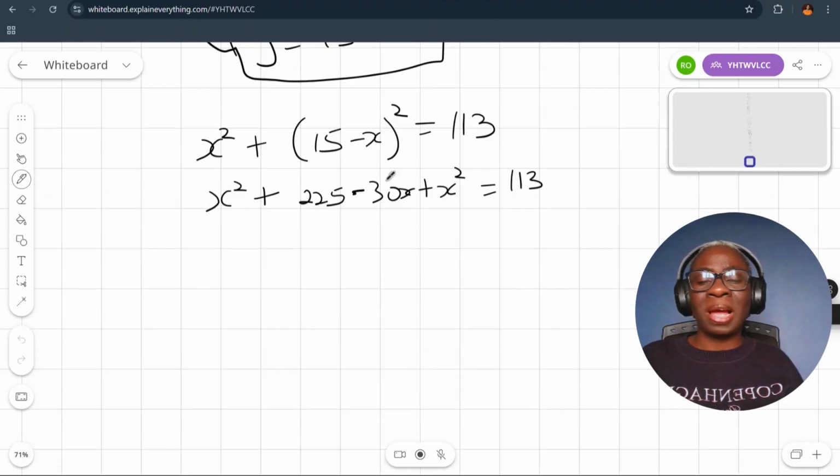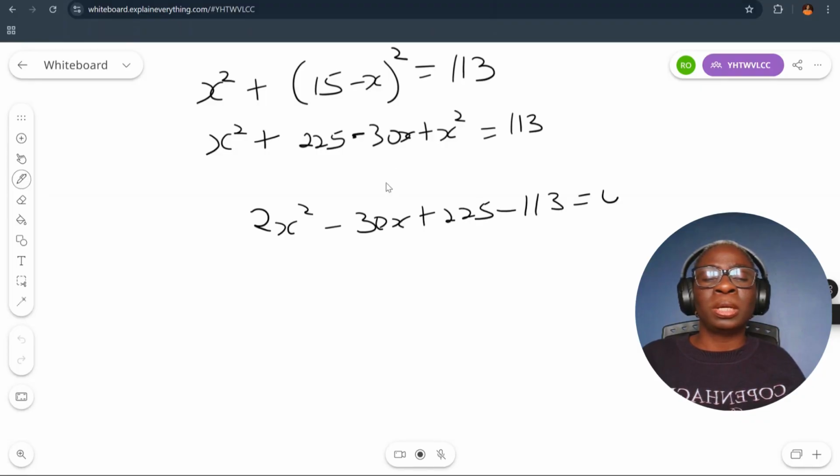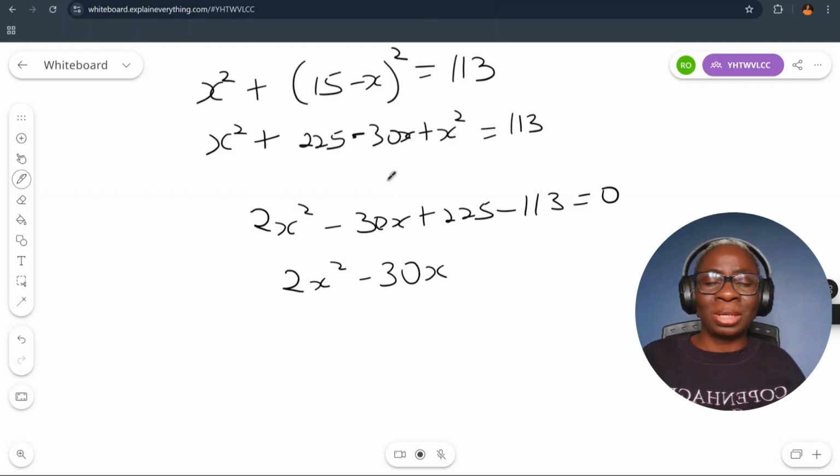So if we simplify that, x squared plus x squared will give 2x squared minus 30x plus 225, then minus 113 equals 0. This has become a quadratic equation and we have to simplify. So 225 minus 113 would give 112.